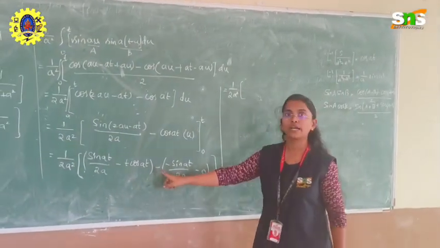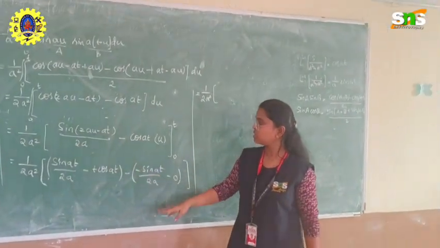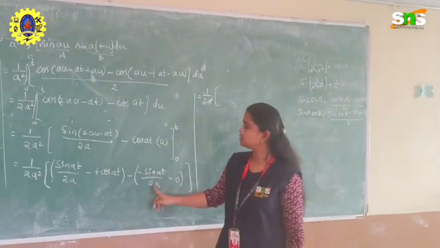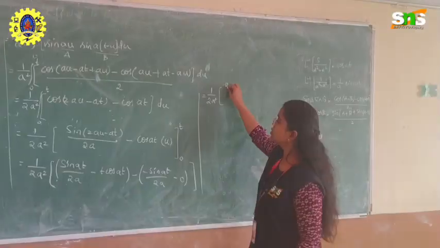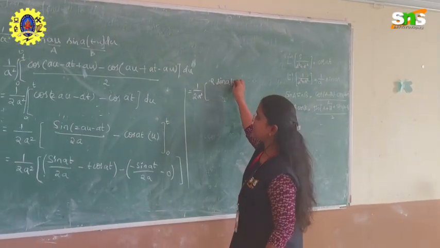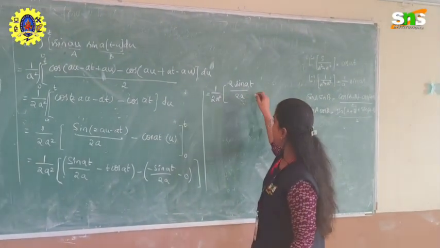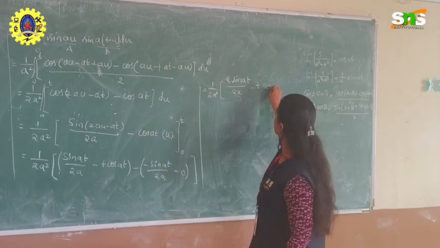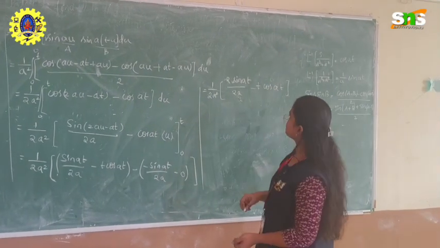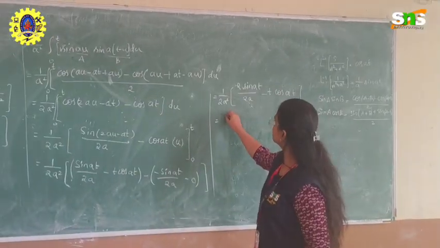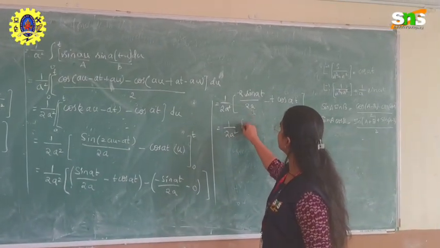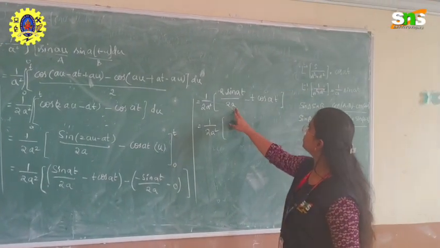Now minus into minus is plus. So you can find the two similar terms. So I can write it as 2 times sin at divided by 2a minus t cos at. So now I'm taking 1 divided by 2a square, and I'm taking this 2a outside.